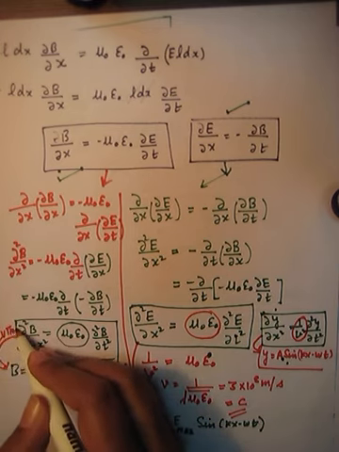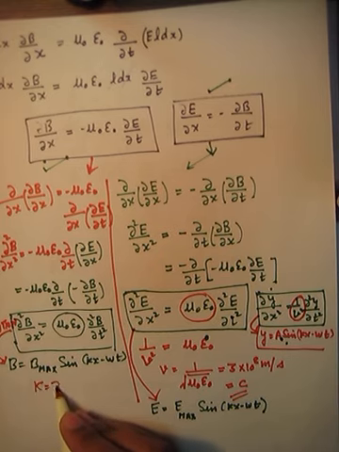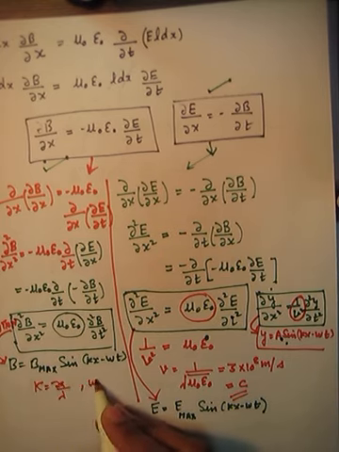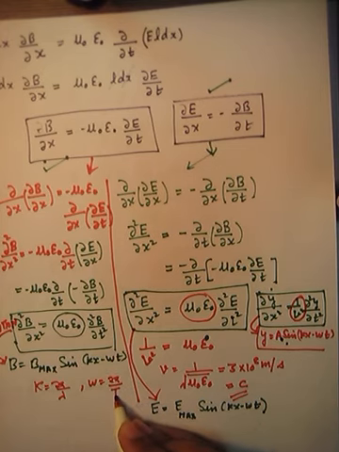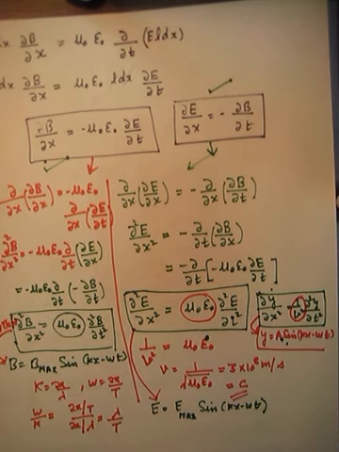Okay, so then, where k is 2π upon λ, ω is 2π upon T, ω upon k will be 2π upon T divided by 2π upon λ, which will be equal to λ upon T. Now λ upon T is actually equal to v, so ω upon k will be equal to v.